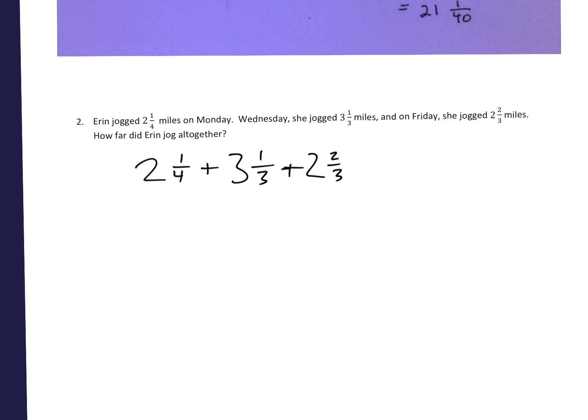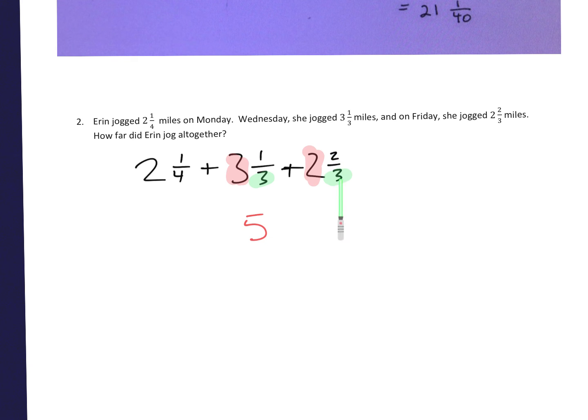One thing I want to draw your attention to is that these are all mixed numbers, but these two have units that are already like. So it would be easy for me to just add these together, right? The whole numbers, 3 and 2, become 5. Then let's look at 1/3 plus 2/3. 1 plus 2 gives me 3, right?